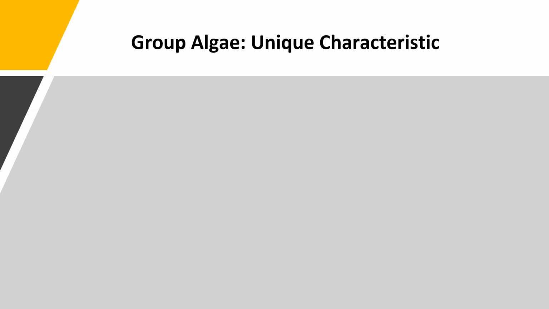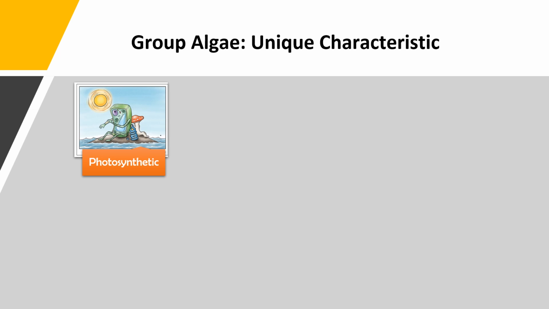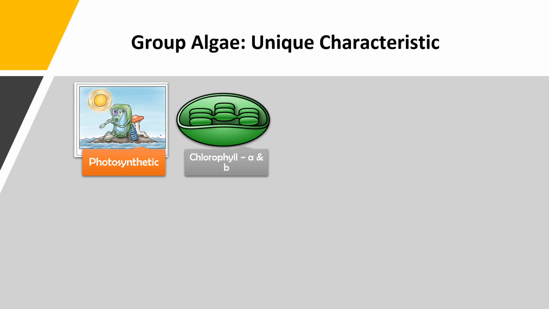Let's take a look at the unique characteristics of algae. All algae are photosynthetic because that is the main feature of algae. Algae must be photosynthetic. It also has chlorophyll A and B. And the food reserve is in the form of starch. It stores food in the form of starch.